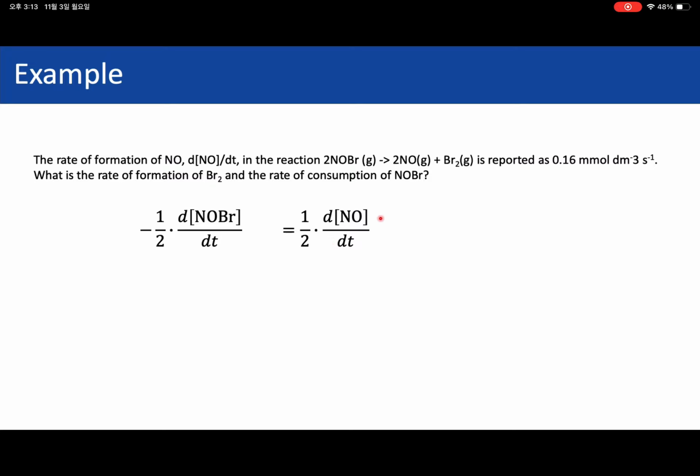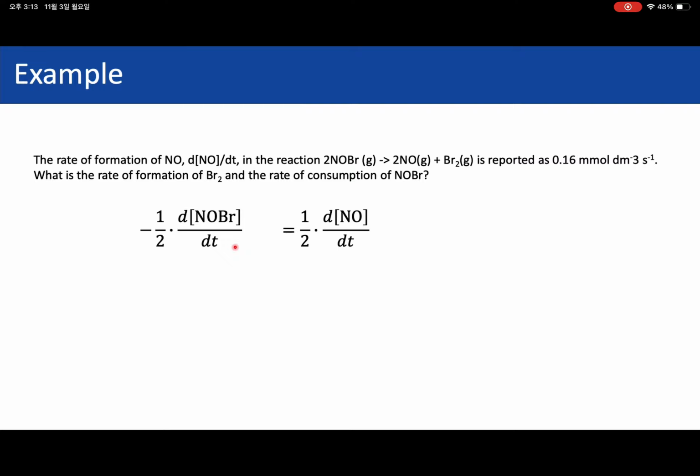So now we have the rate of formation of NO, d[NO]/dt, this part, and we need to multiply by 1/2, where this 2 is the stoichiometric coefficient of the product. So this part is the rate of formation, and this whole part is the rate of reaction, and they should be the same. I mean that the rate of reaction should be the same as what we got from the rate of consumption of the reactant.